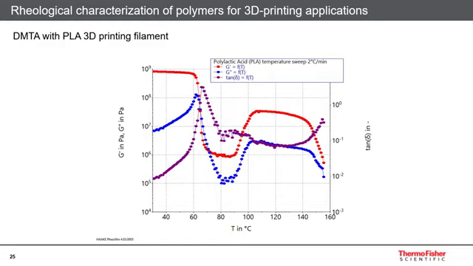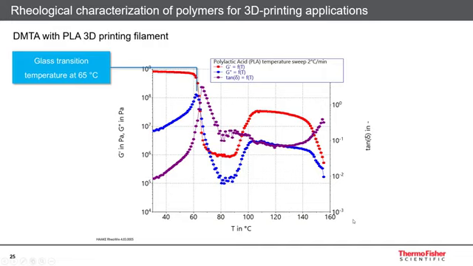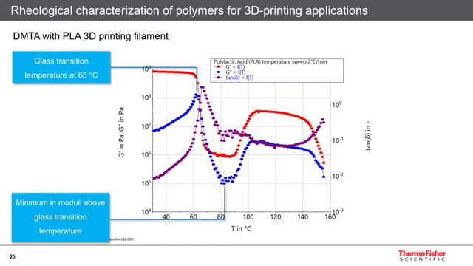Up to a temperature of around 60 degrees centigrade, G' remained nearly constant, while G" was increasing continuously. At 62 degrees centigrade, G" reached a maximum, which can be considered again as a measure for the glass transition temperature. With further increasing temperature, both moduli dropped almost 3 orders of magnitude into a low rubber elastic plateau.